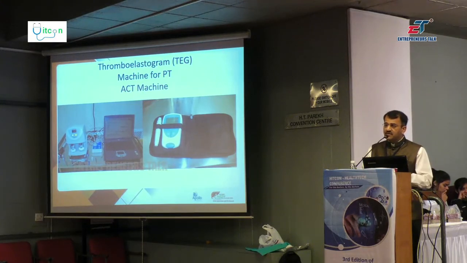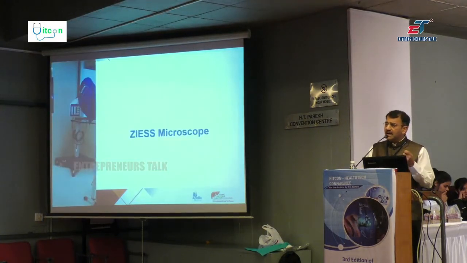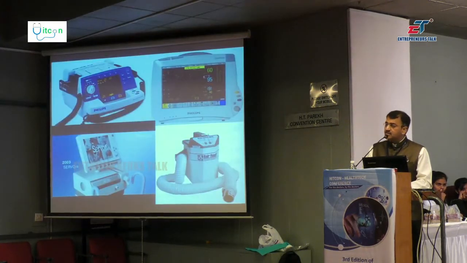For that, different equipments like the thromboelastogram and the prothrombin machine are used. For microvascular surgery, specially designed microscopes are used, and there are various monitors and Bair Huggers to take care of the temperature of the patient in the post-operative period.